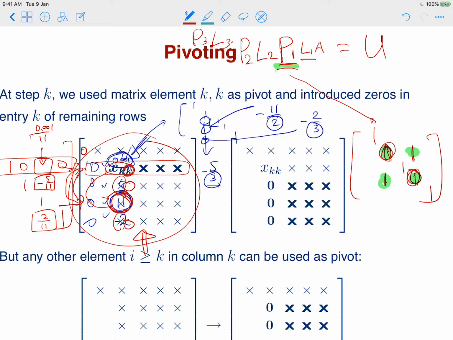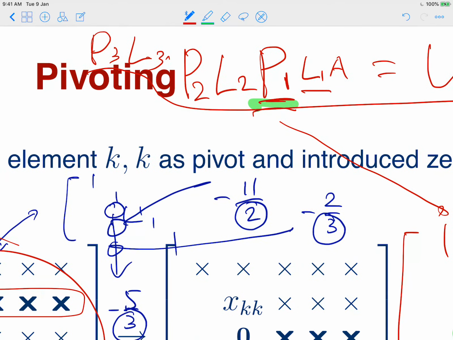Okay, so I mean, this is not the end of this LU factorization with partial pivoting. In this case, this L and P are all mixed together in this kind of order, right? So they take turns. I mean, they appear like L1 and P1 and L2 and P2 and so on.